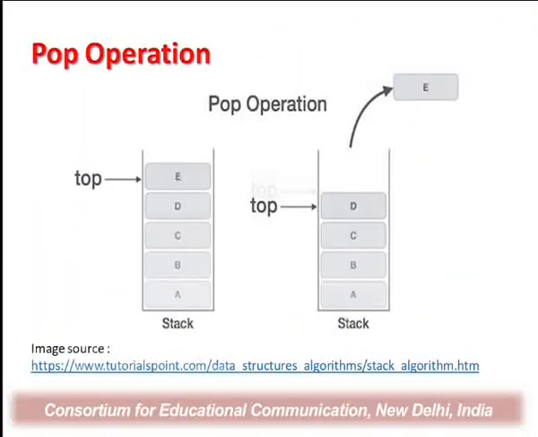Now, coming to the pop operation. Let us consider the stack having elements A, B, C, D and E, where top is pointing towards E. Now, we need to decrement the top to the position below the original value of top, and then take out that particular element.